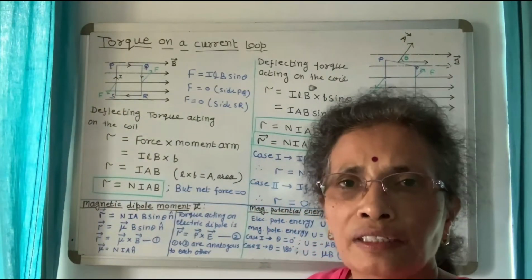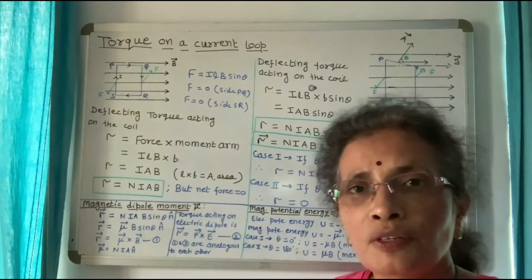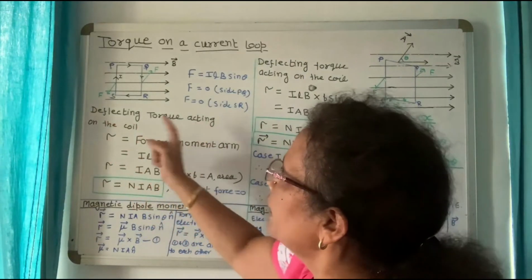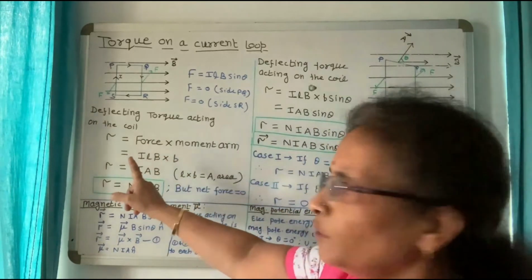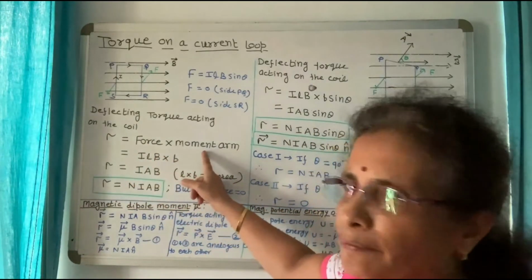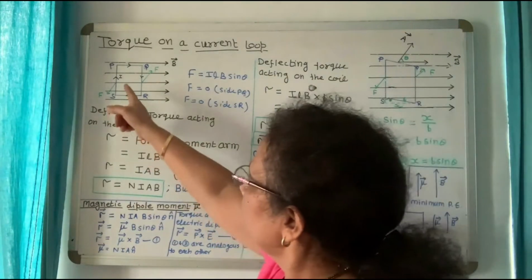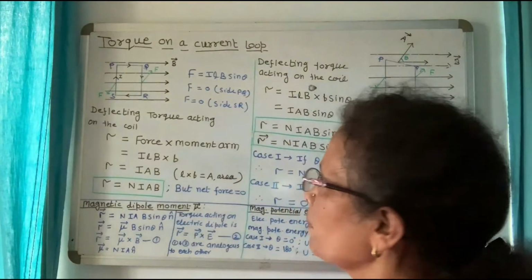So they constitute a couple, and they produce a torque. So what is torque? That is the deflecting torque acting on the coil. This torque is defined as force into moment arm, that is, the perpendicular distance between the axis of rotation and the line of action of the force.